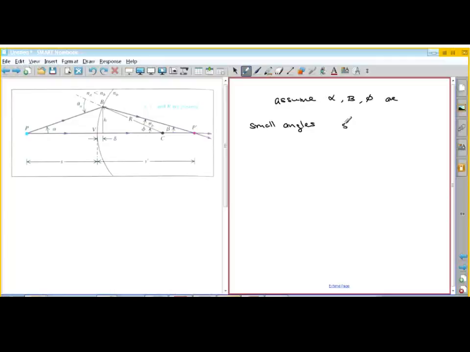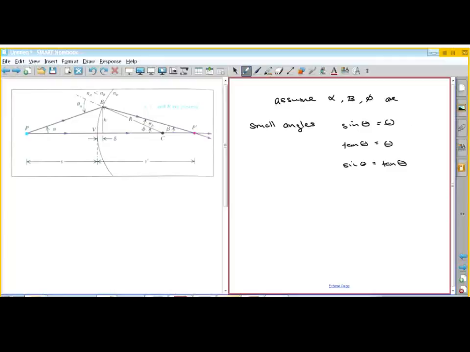And what that will allow us to do is, at small angles, the sine of theta equals theta, the tangent of theta equals theta. And therefore, we can also say that the sine of theta equals the tangent of theta. So this is all at small angles.